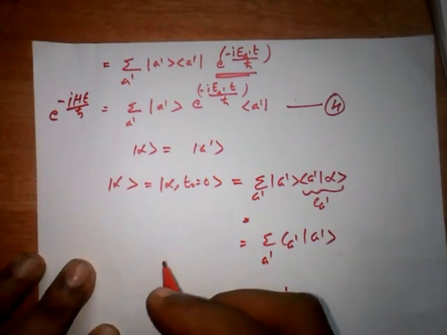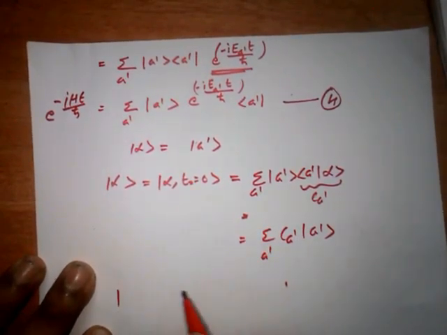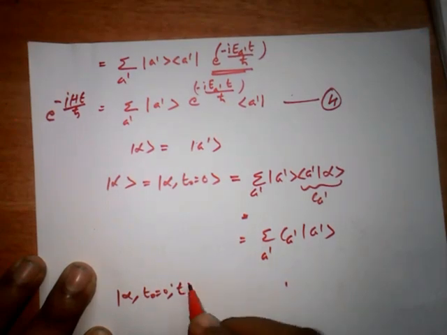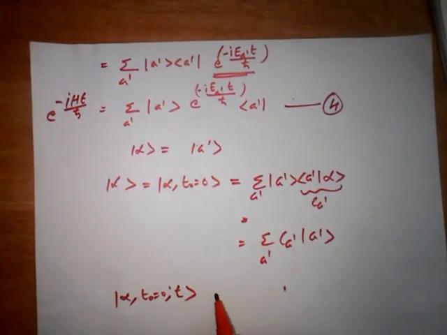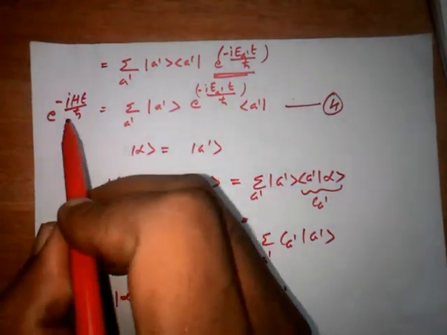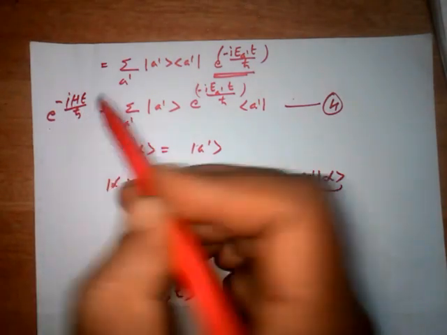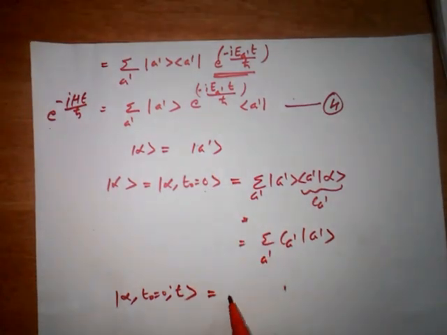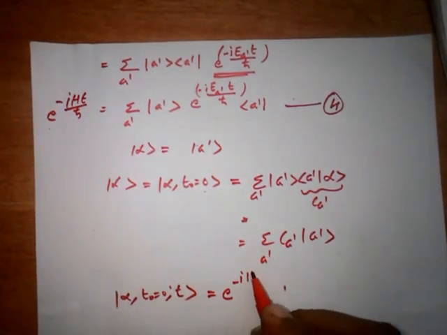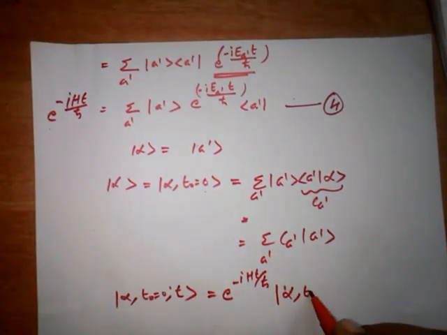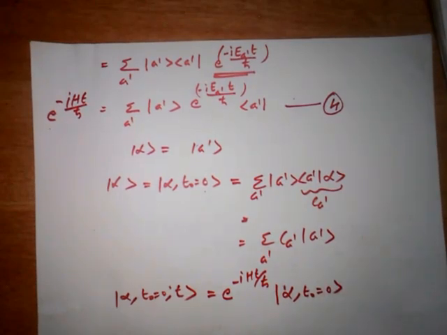We then have a state ket at a time t, with t naught equal to 0, at a time t equal to, how can we transform this state into this state? We just need to operate, use an operator e raised to minus iHt over h cross on this state ket. That is e raised to minus iHt over h cross on the state ket alpha at t naught equal to 0.